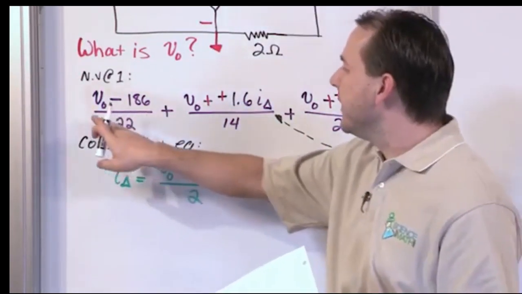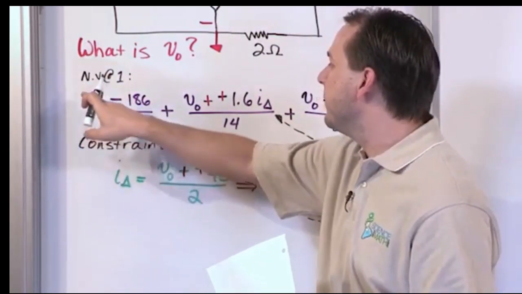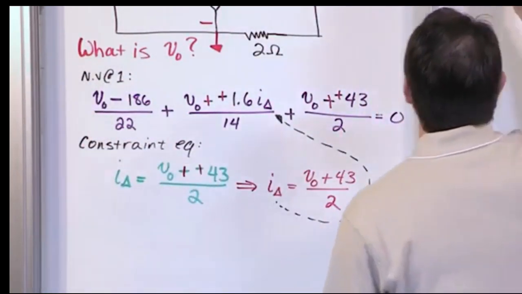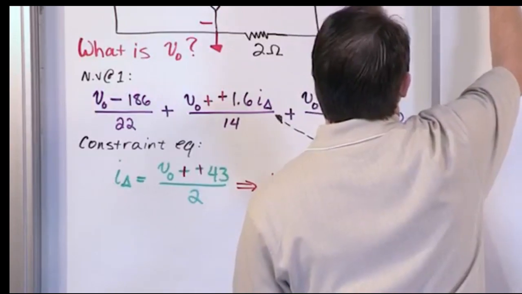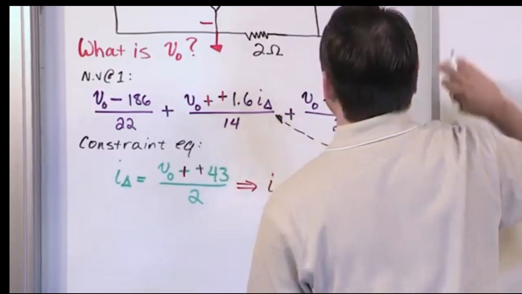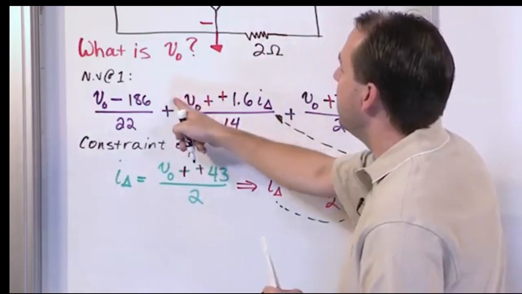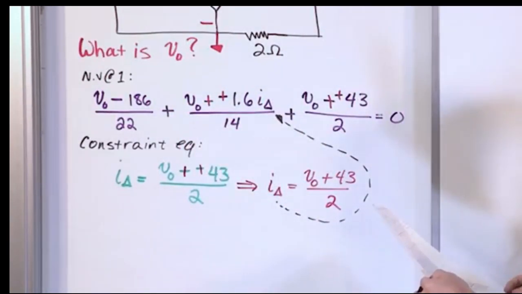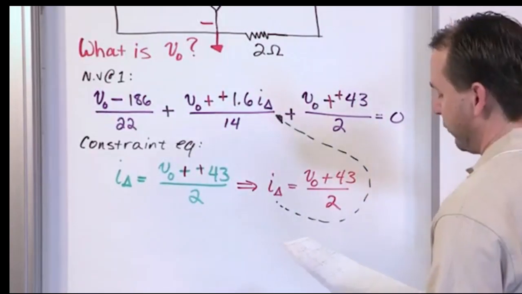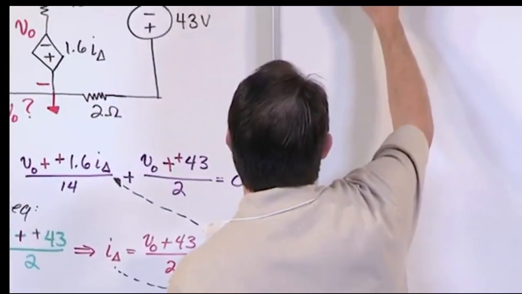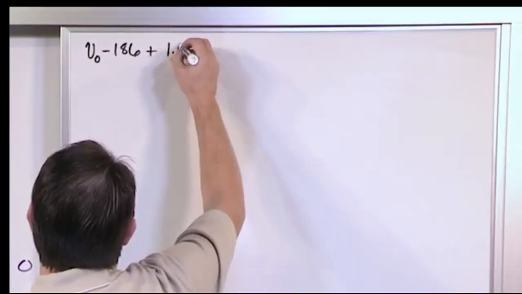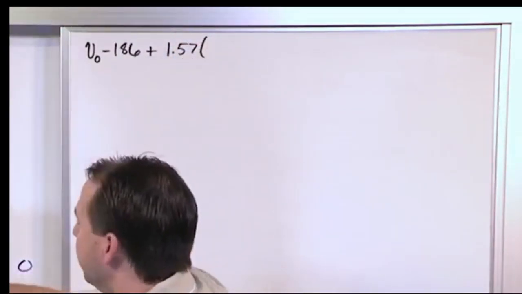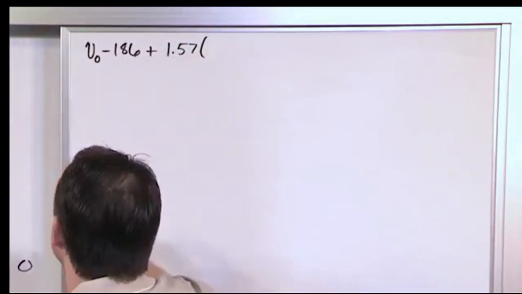So when we multiply by 22, we're going to cancel top and bottom. We'll be left with V naught minus 186. When we multiply by 22 here, it'll be 22 divided by 14, which is a decimal, 1.57. So we'll just have to live with that, 1.57. And in parentheses, we'll just have V naught plus 1.6 I delta.